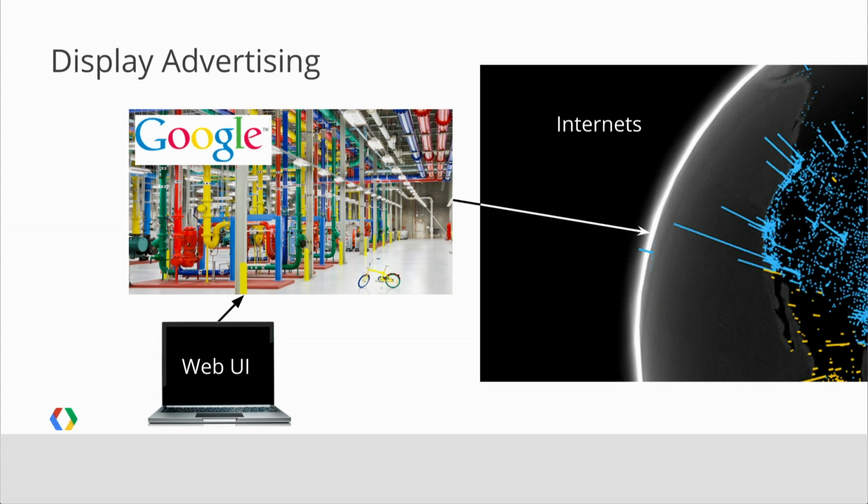Leading up to 2008, display advertising was a very manual process. If anybody here had to do display advertising before 2008, you know what I'm talking about. Advertisers, these are the people that want to sell something or have their brand out there, would reach out to these websites, what we call publishers, and say, hey, I'd like to advertise on your space, on your inventory.